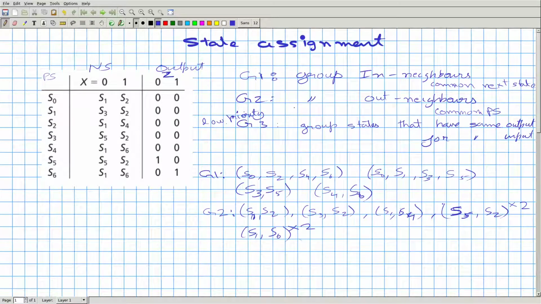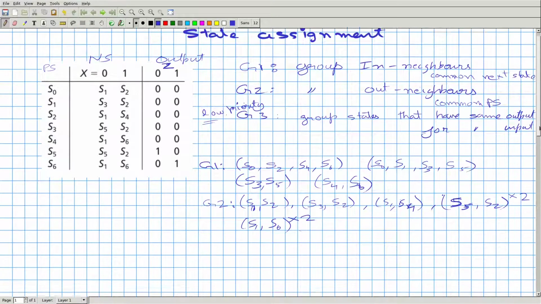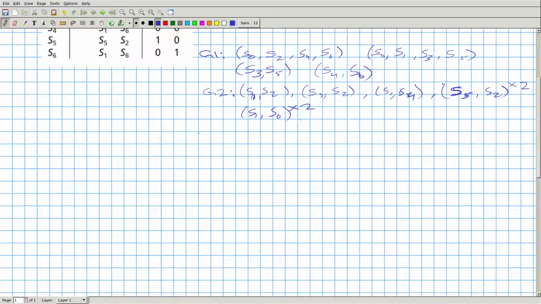So this one is much easier to look into, and we leave the low priority guideline for now and just try to fill the so-called state assignment map. So here we have 7 states, and 7 states is greater than 4 and less than or equal to 8.